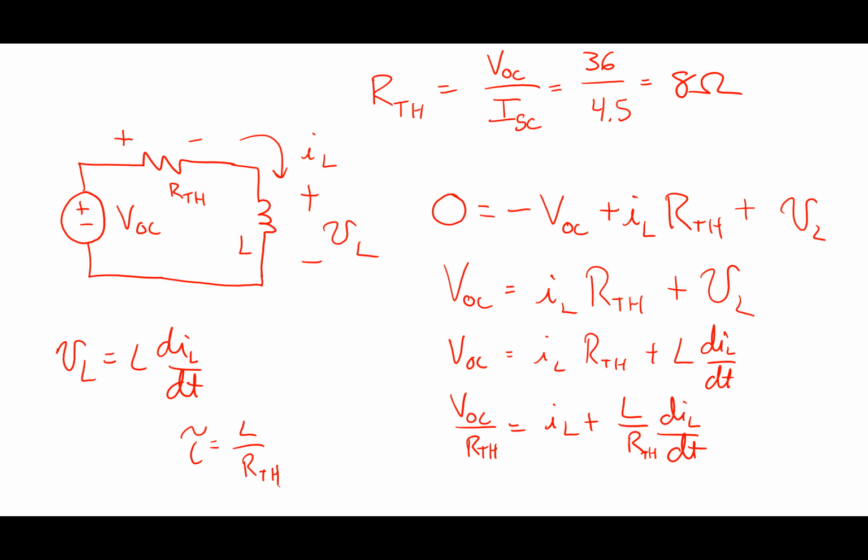So VOC over R Thevenin equals IL plus tau dIL by dt.